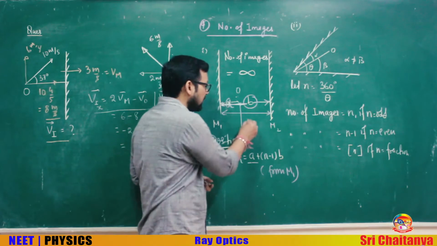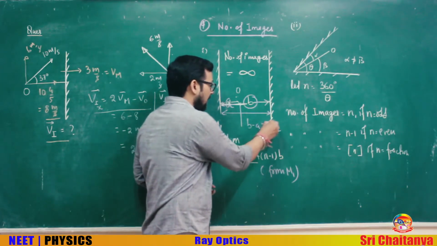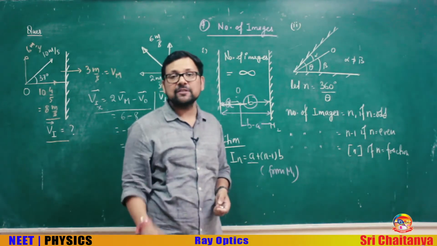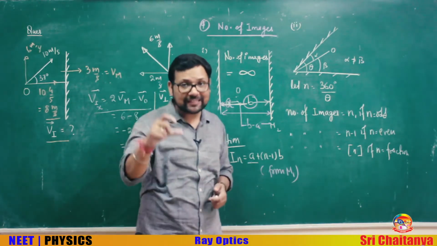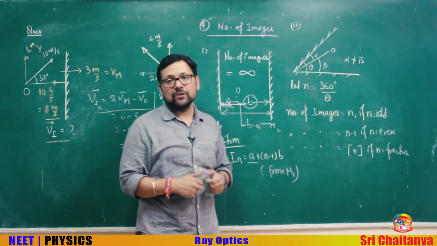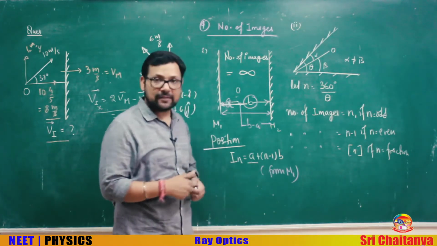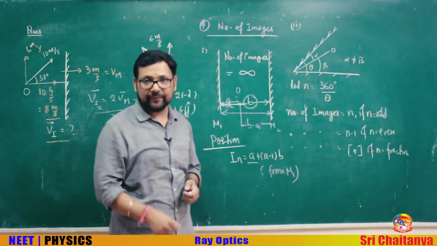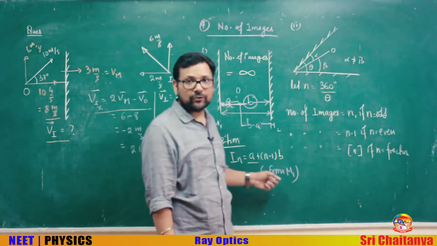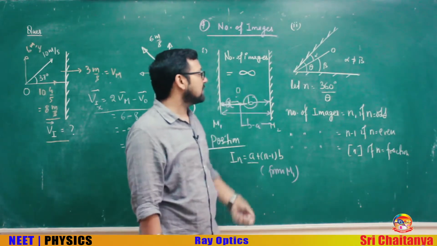That distance would be B minus A. And in place of A, if you are writing B minus A, it means you are defining the position of the nth image, but the first image you have taken in M2. So this is the position of the nth image, A + (n minus 1) into B. Now this is a very important formula from an objective question point of view. Next one is the inclined mirror.